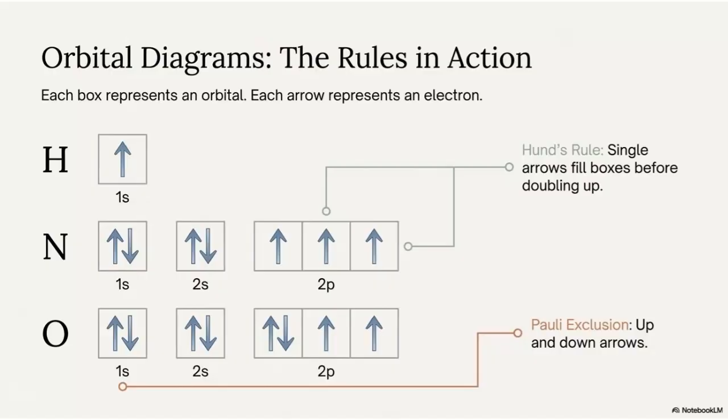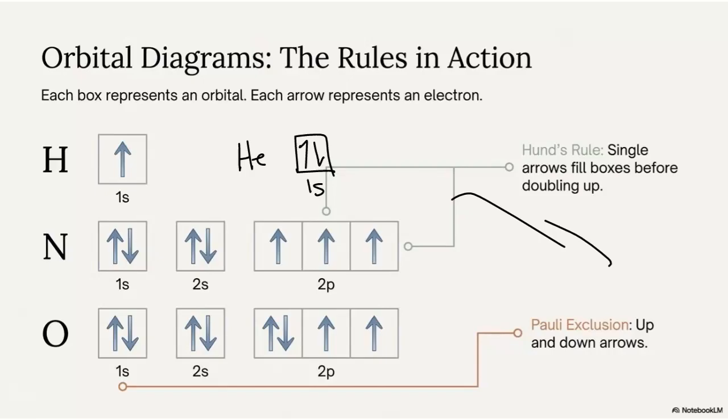If I were to do helium, helium has how many electrons? 2. It's still 1s because I can put up to 2 in a 1s. Because it's s, you can put up to 2. So we already know that the first electron is going up. So the second electron has to go down.